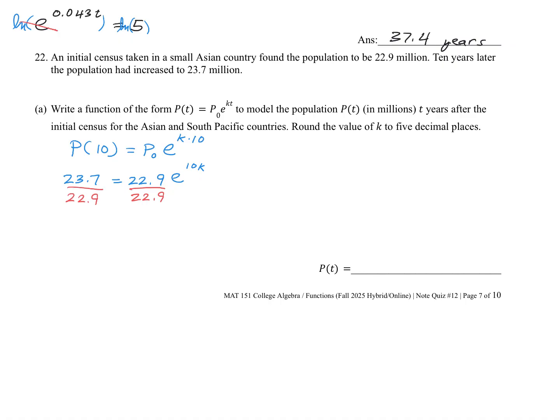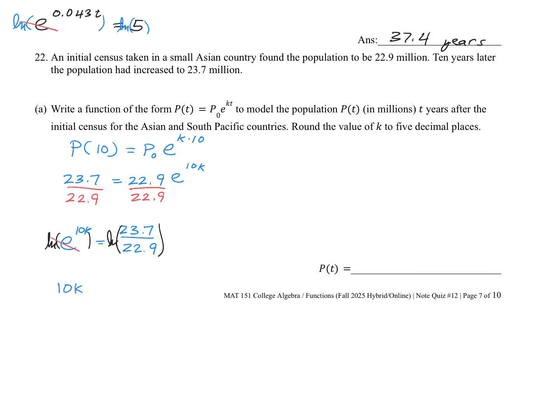And then we're going to keep that as a fraction. So this is e to the 10k is equal to 23.7 over 22.9. I'm now going to take the natural log of both sides. And again, inverses cancel. I know it's very repetitive.